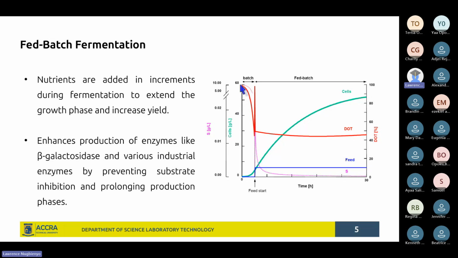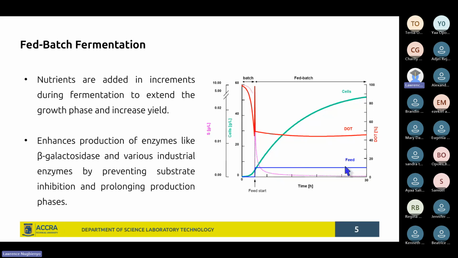So you see what is being depicted on your right-hand side with the curves. First of all, you have the red curve, referring to dissolved oxygen tension, which is to say the concentration of oxygen in the system. Then you have the substrate concentration, which is the dotted violet line. Then you have the feed, the feedstock, what you feed into the system for the microorganism to feed on.